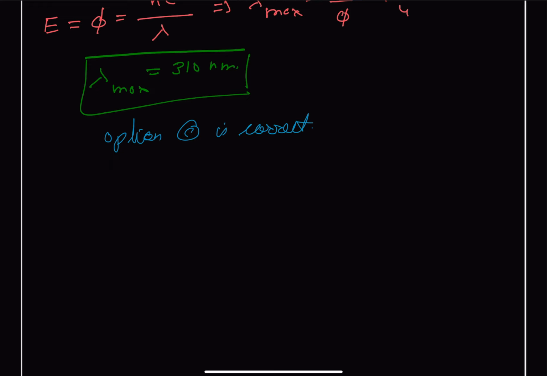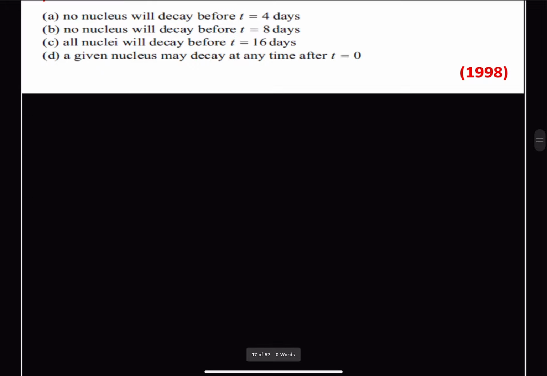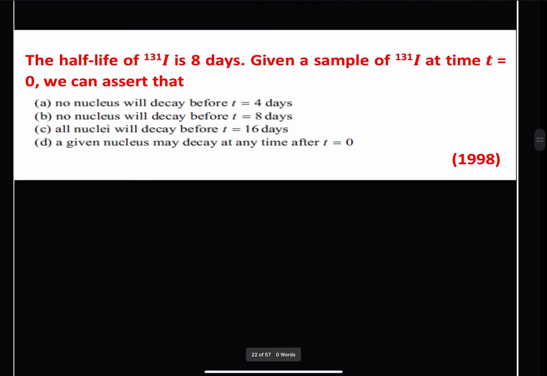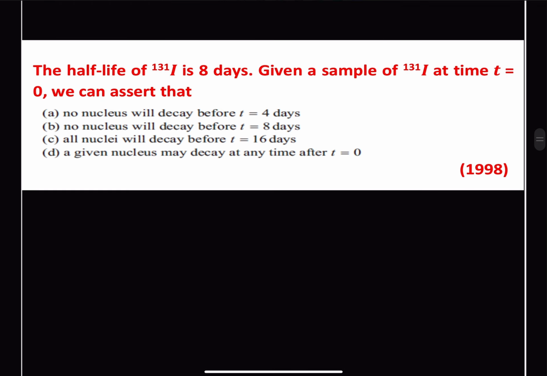Next question. It states that the half-life of 131I is 8 days. Given a sample of 131I at a time t equal to 0, we can assert that. So we have to find out, the half-life is given as 8 days.